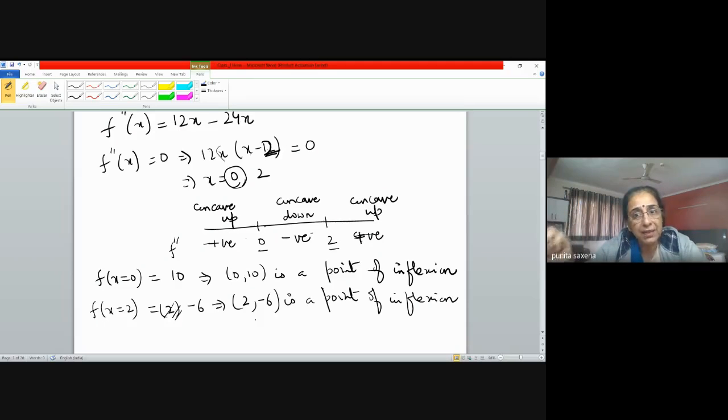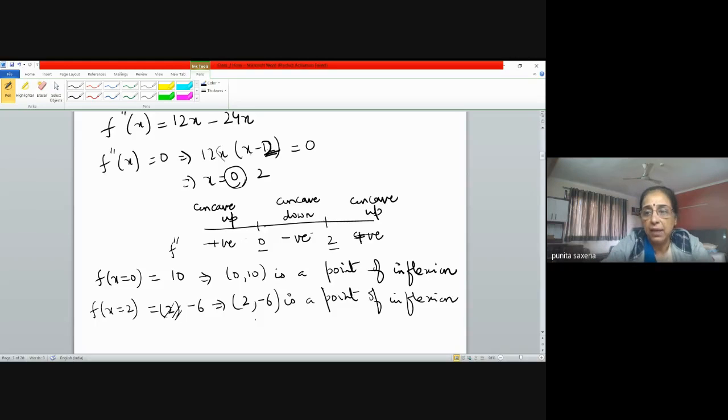We need the complete values only of those special points. We don't want the value of the function at any other point. Okay, so when we sketch the graph, we are going to just see the behavioral change while passing through these points, and that is how we are going to plot the graph.